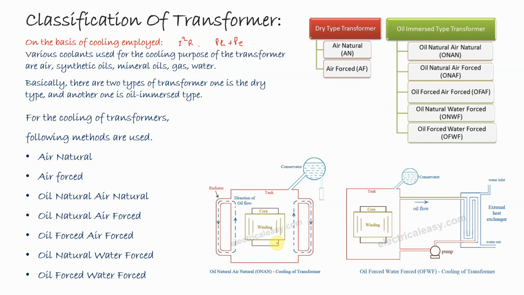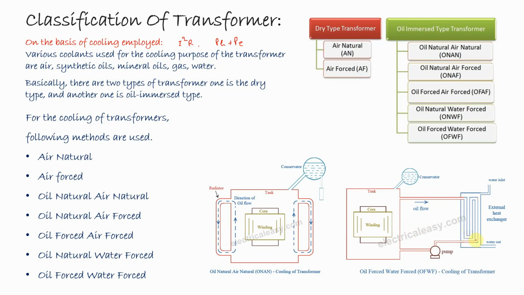There is another figure here, that is oil forced water forced cooling. Here the oil is pumped through a pump and circulated through the tank of the transformer as well as through the heat exchanger. The heat exchanger collects the heat from the oil and the heat is transferred to the water.